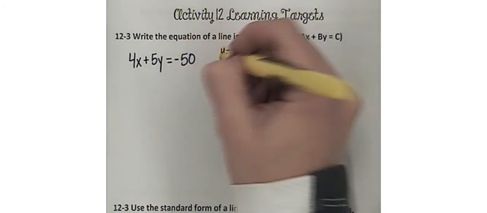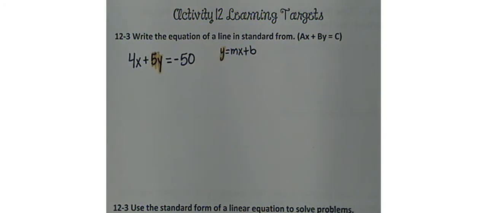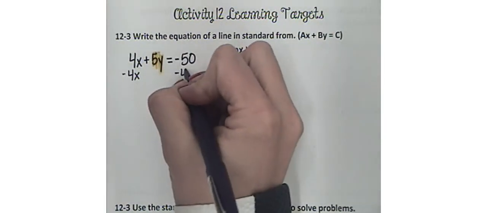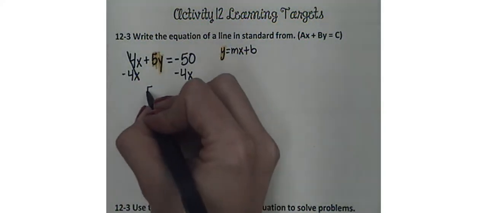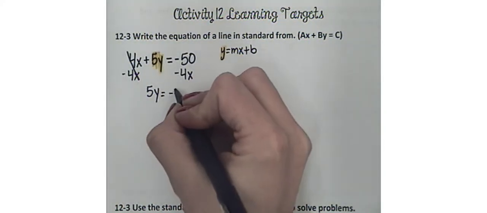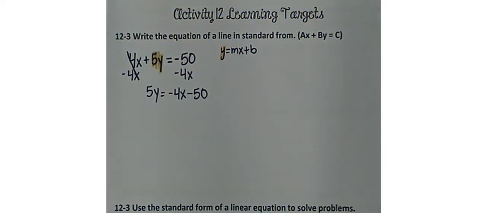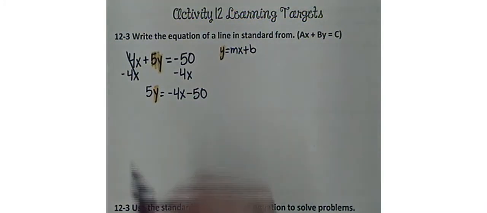Y is all alone here. So I want to get this 5y alone first. In order to do that, let's subtract 4x from both sides. So 5y equals negative 4x minus 50. Divide everything by 5, because that's the coefficient of y, the number out in front.